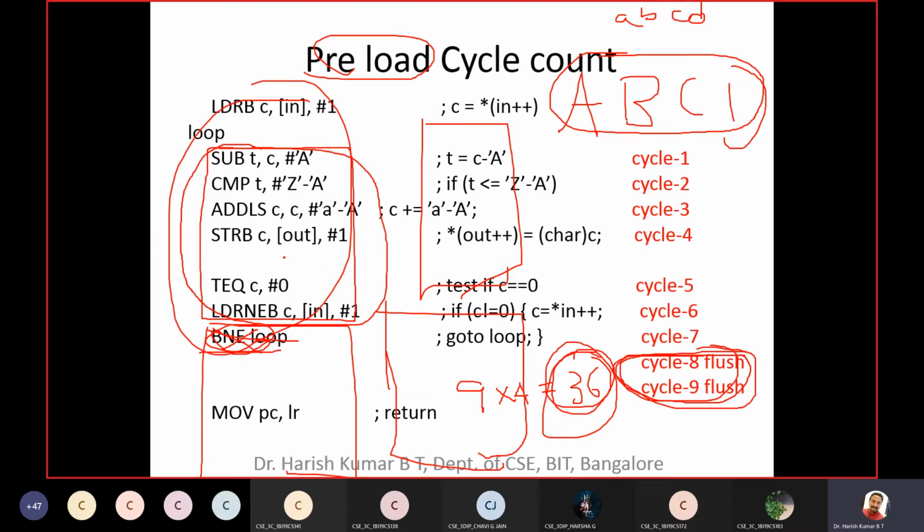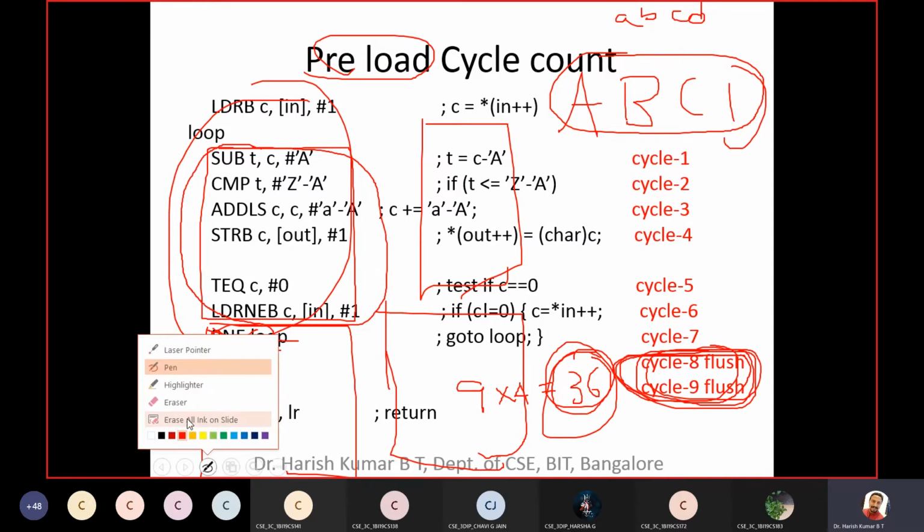All 5 times, we avoid the branch instruction. Since we avoid the branch instruction, flushing cycles are not necessary, so the program gets executed in fewer clock cycles. This is the technique we use. Now say ABCD is my string. Let me erase everything.